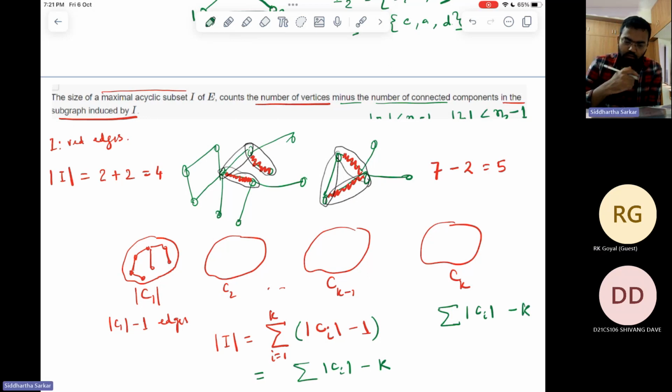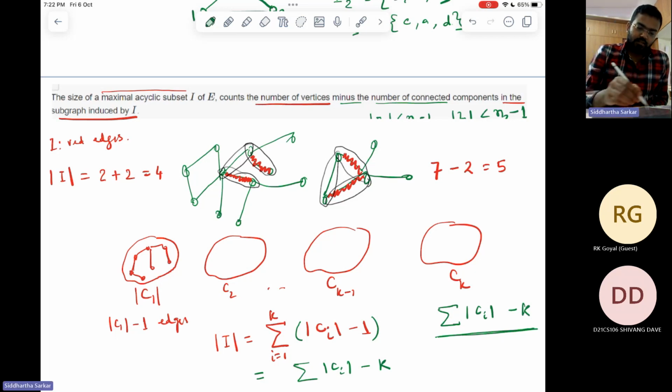So therefore the number of edges in the maximal acyclic subset I is nothing but the number of vertices in the induced subgraph minus the number of components. That is the proof.